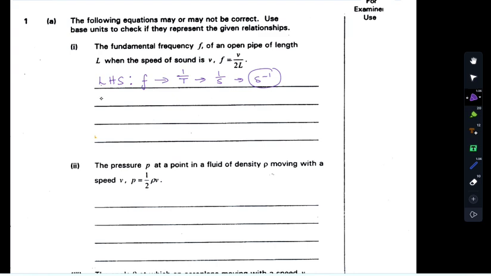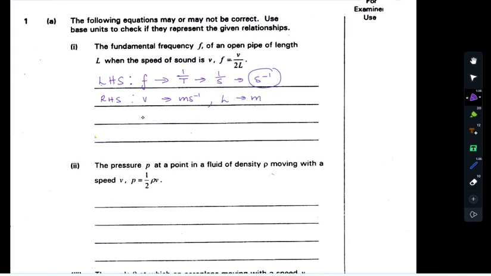Then from the right hand side we have two quantities. There is v, and the unit for v is meters per second. The unit for L is meter.